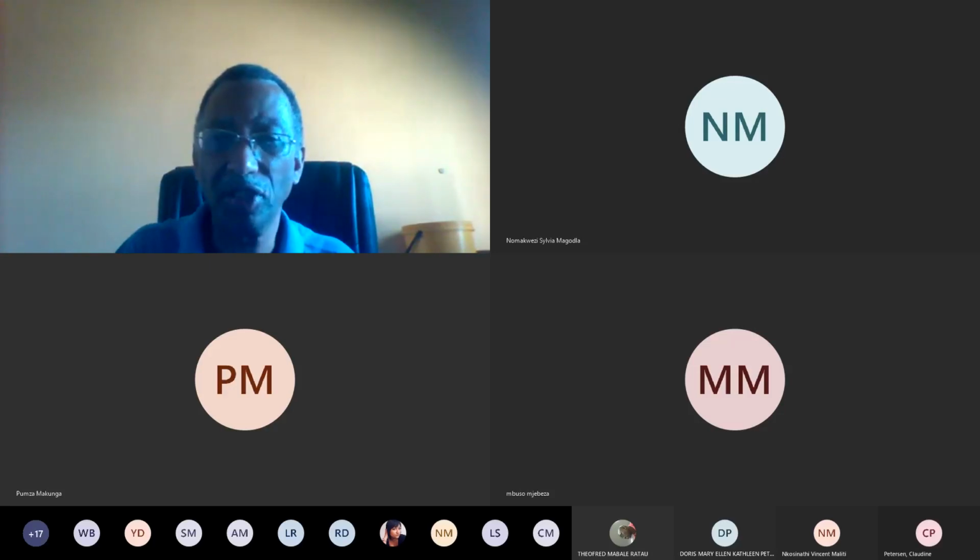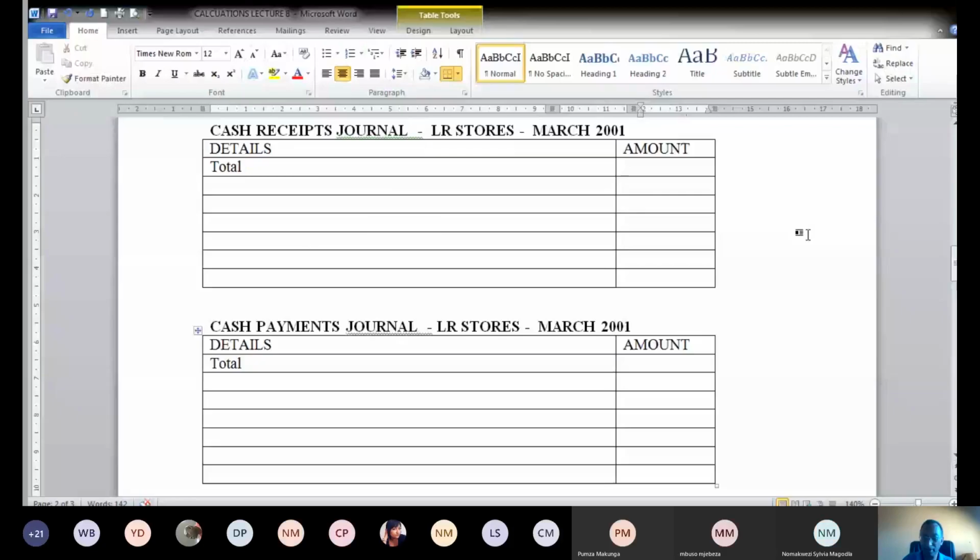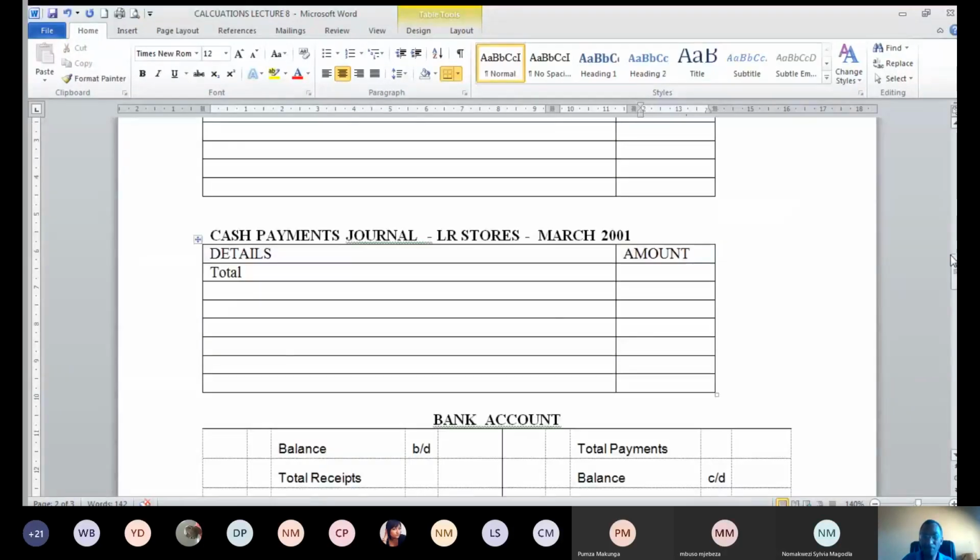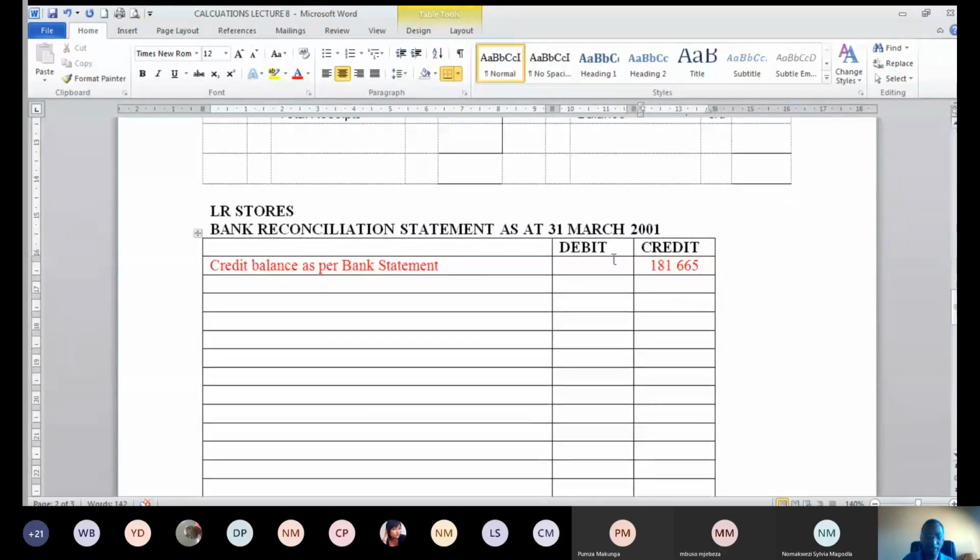We are now going to record those items. If you come across any amount, guys, that is on the bank statement or any amount that is in our cash receipts journal that is not yet on the bank statement, we are going to record that now in our bank statement, and you will write there, credit outstanding deposit.